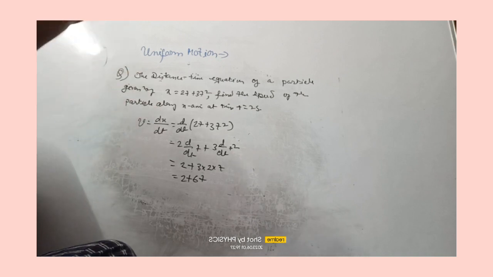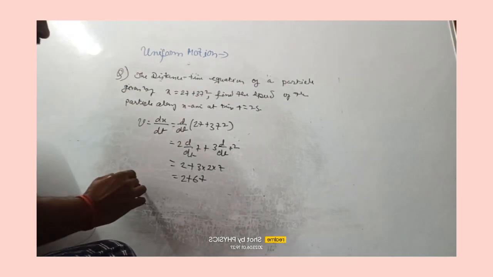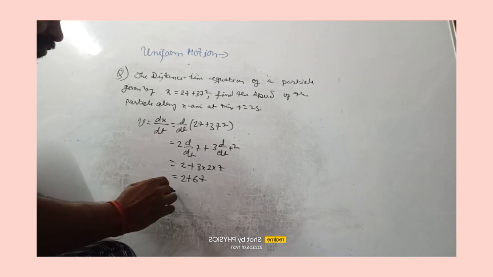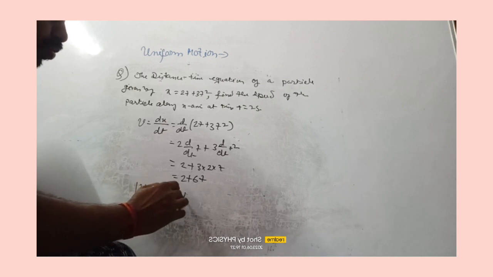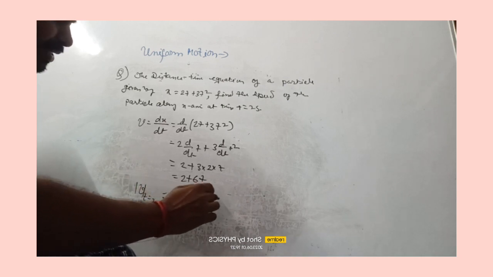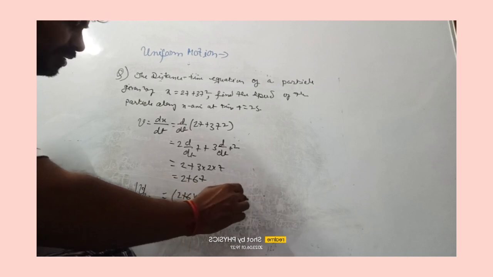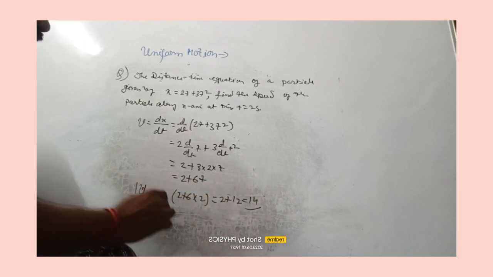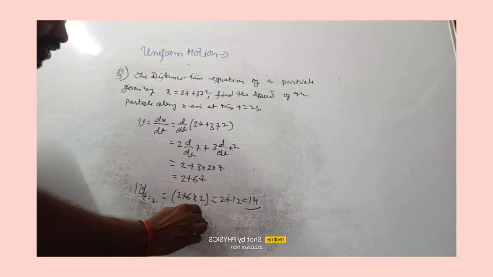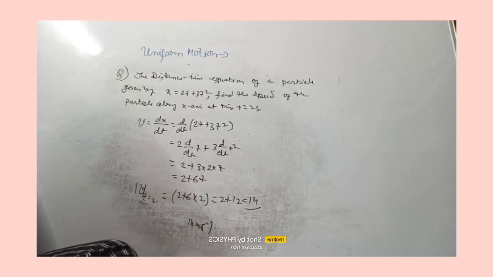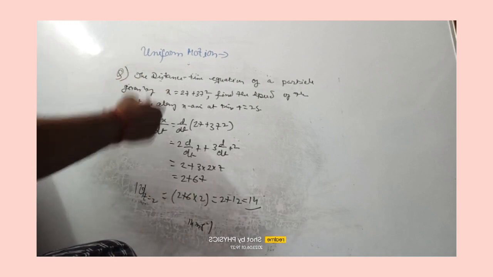Now at time t equals 2 seconds, we have 2 plus 6 into 2, that is 2 plus 12, that is 14. So the speed of the particle is 14 meters second inverse, if x is in meters.